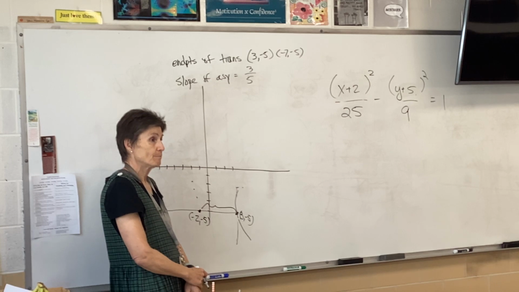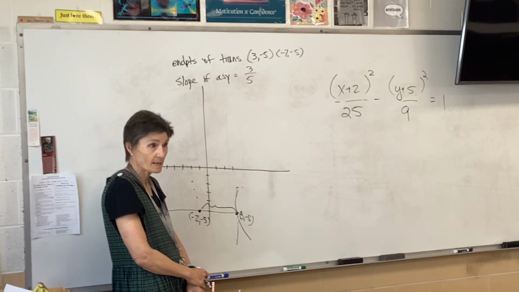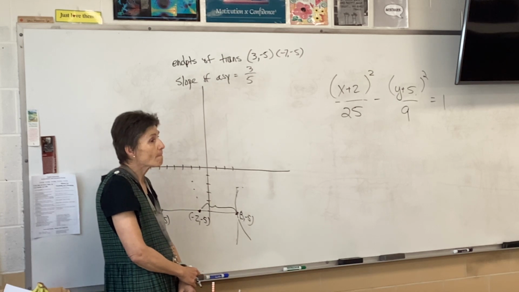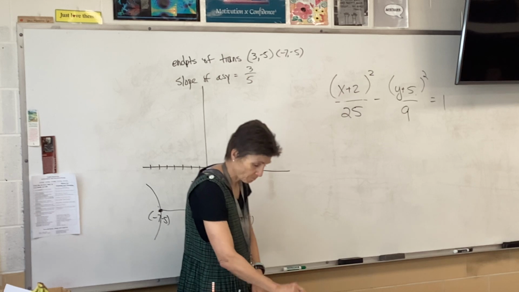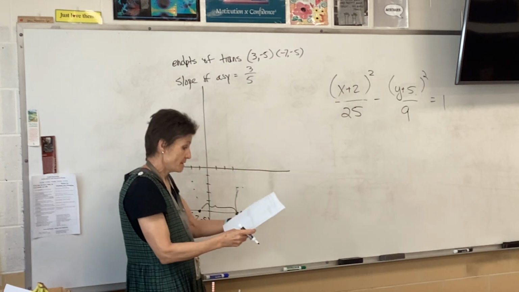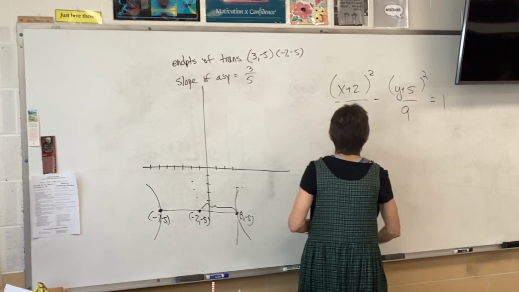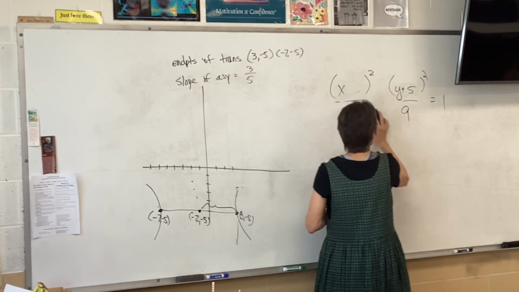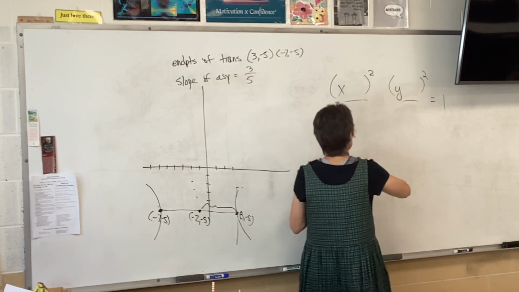Okay, Eddie? Anybody else for tomorrow's test? Tomorrow is the test. What else, Xavier? Keep going, like Number 6. This is an ellipse. So its equation will look like this, only that's a plus.